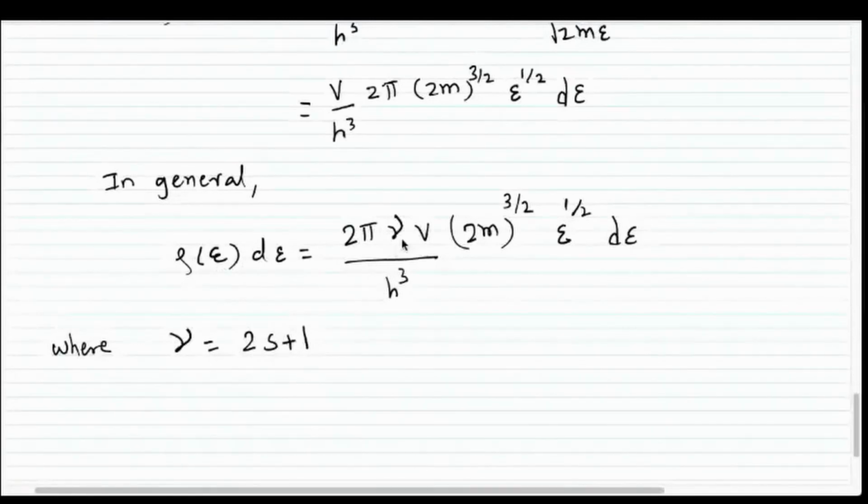So there will be double the number of states as compared to what we have written over here. So nu will become 2 if S is half. As S changes, this nu will change. That means in every energy level, particle can have its own number of states which depends on the spin of the particle. Is this much clear to everyone?